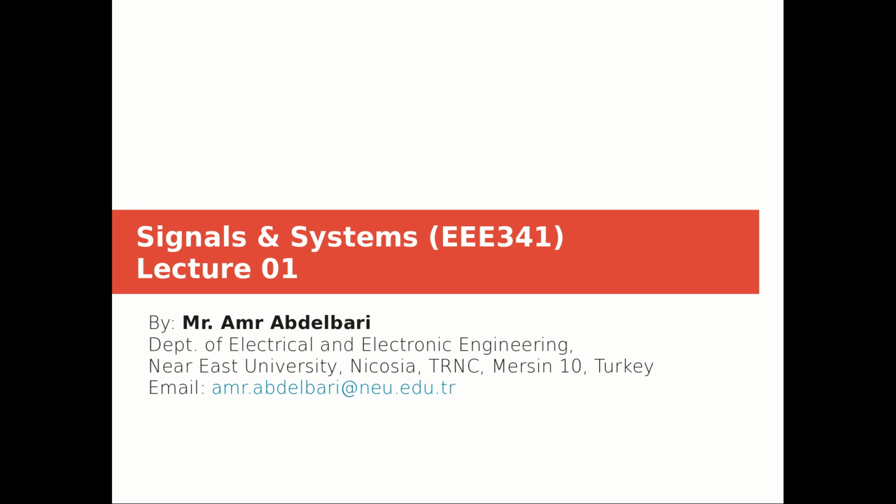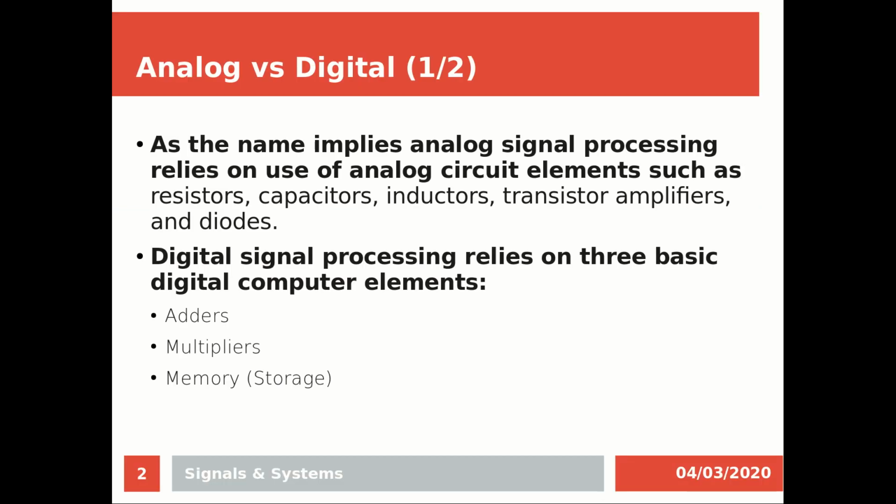So today I will speak about first analog versus digital, which is implied from the name, analog or digital signal processing. Analog relies on using elements of the circuits like resistors, capacitors, inductors, transistors, and diodes, which are the elements that you usually studied in electronics and electronic circuits.